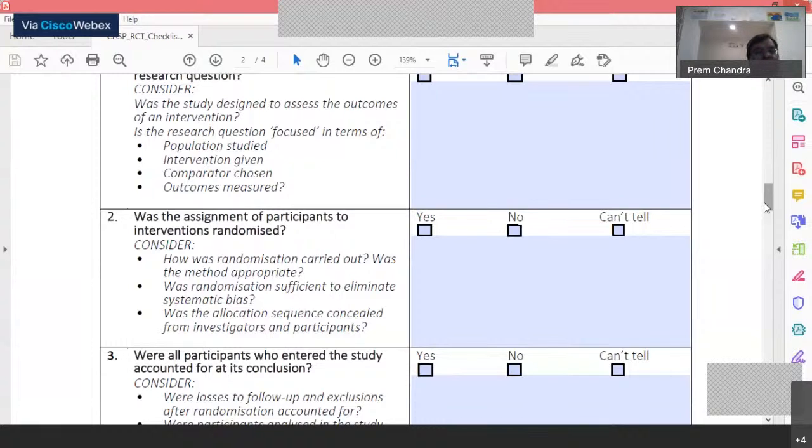We need to be very careful. Did they put sufficient detail about how the randomization was done, who generated the sequence, who implemented the sequence, and who allocated the treatment to patients?